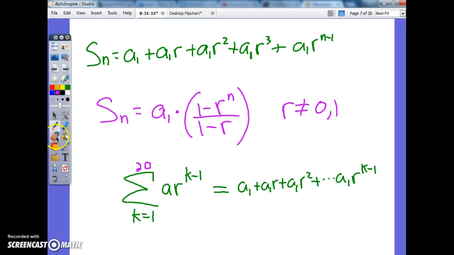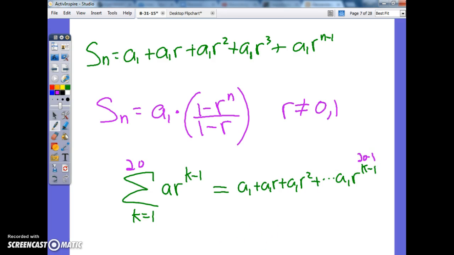Remember, same thing here as arithmetic. If I want the 20th term, let me erase this. Okay, if I want the 20th term, I'm going to apply that common ratio one less time.